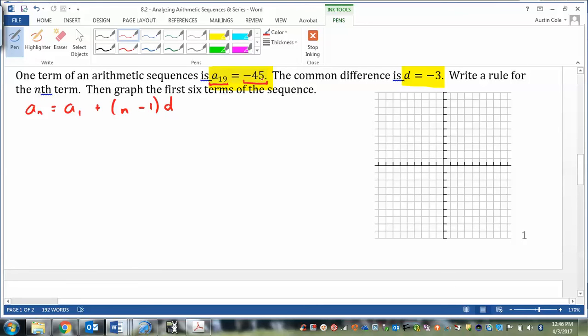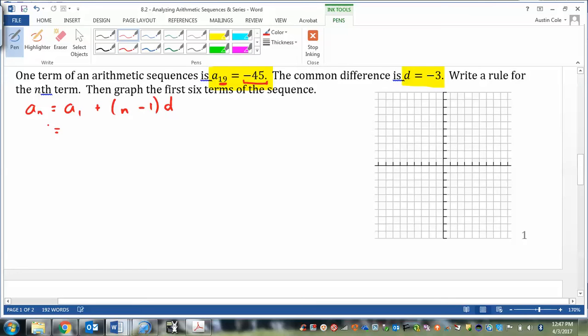Where does negative 45 go? I like n is 19, and so maybe I should erase that and just put 19 in. I agree, n is going to be 19. The 19th term in the sequence is negative 45.